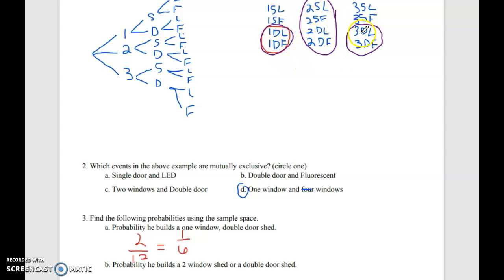You could use the formula and circle all of these, but you'd have to subtract that overlap. I'm just going to go ahead and total these up. So that's 1, 2, 4, 6, 7, 8. So 8 out of 12 ways that this shed's either going to have 2 windows or double doors. Then again, I'll reduce this. It ends up being 3 out of 4. Or sorry, just kidding. 2 out of 3. I'll reduce those both by 4.